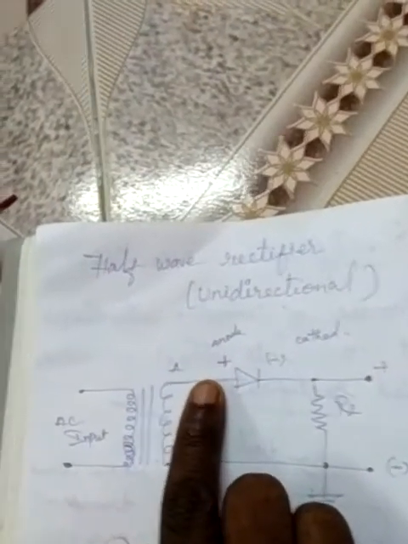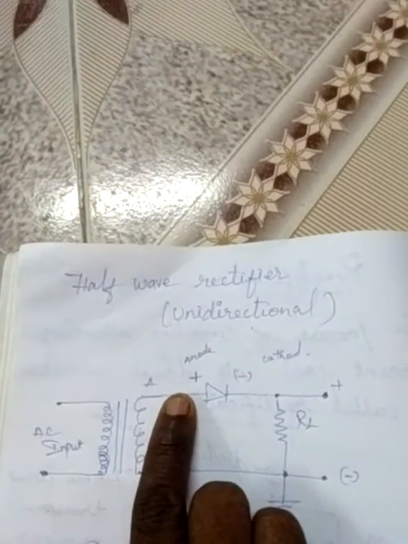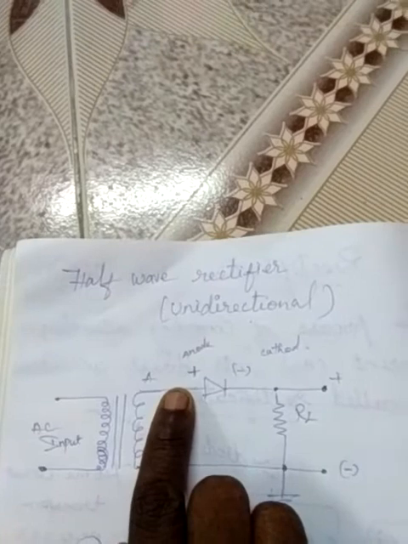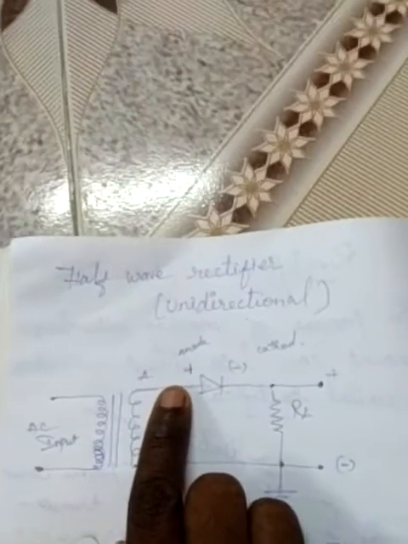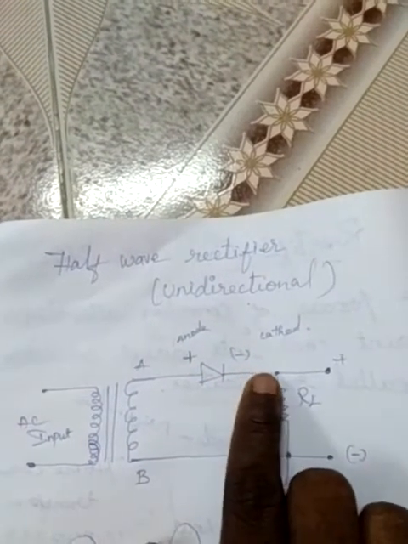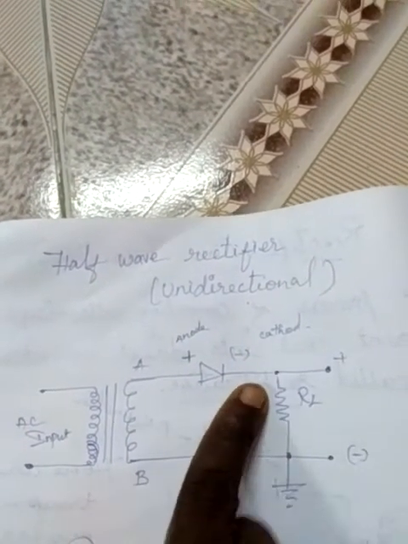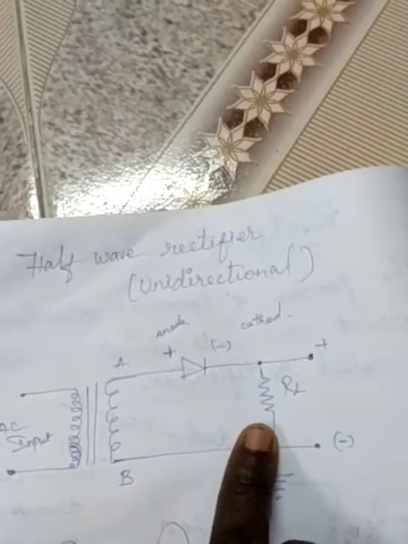Positive means forward bias. In forward bias, the diode conducts current. The positive charges go through, and then the current goes to the RL load, so the appliance works.